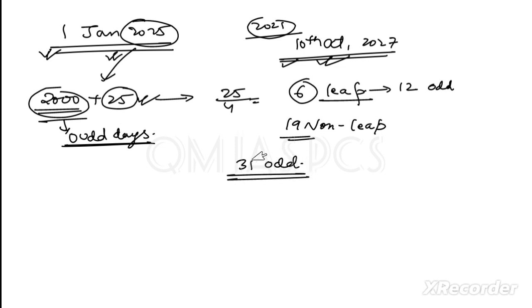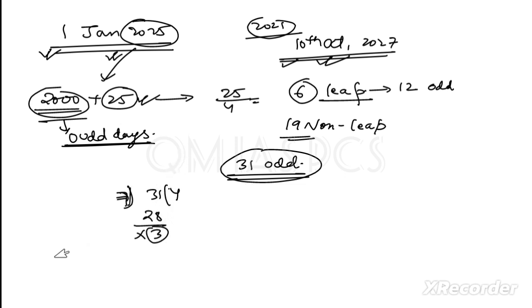And when we get the odd days, we have to divide by 7. So 31 divided by 7: by 4 it is 28, we have 3 extra days, meaning 3 odd days. I have told you we count Monday, Tuesday, Wednesday, Thursday, Friday, Saturday, Sunday, or you can say Sunday, Monday, Tuesday, like this.